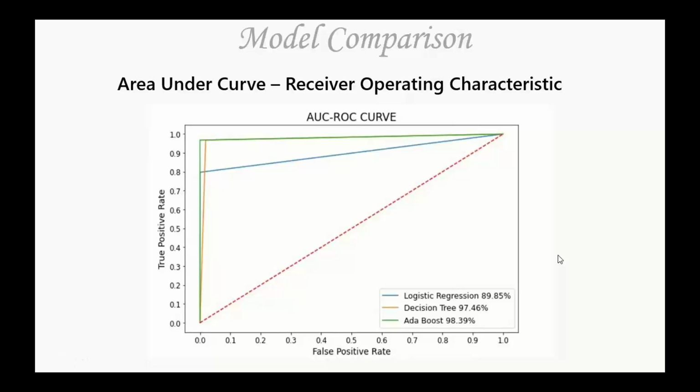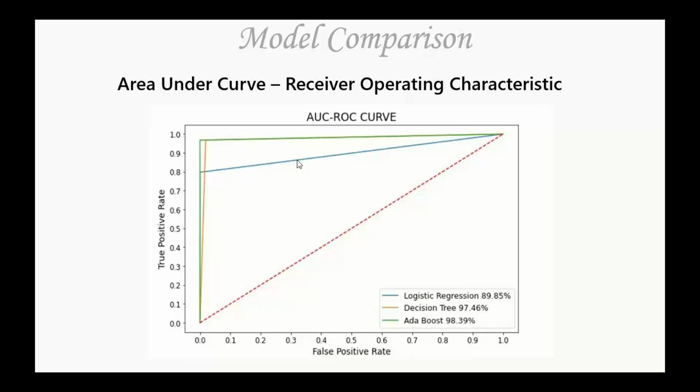We picked three models which were giving good accuracy: logistic regression, decision tree, and AdaBoost. We tried to understand the accuracy using the AUC ROC curve. Here we used the true positive rate and false positive rate to plot this graph. The line which goes closer to the value one is the better model, and the one which goes below the threshold value or closer to it is the bad or worst model.